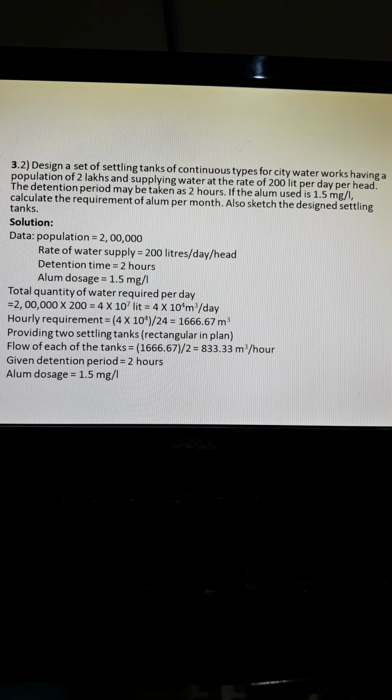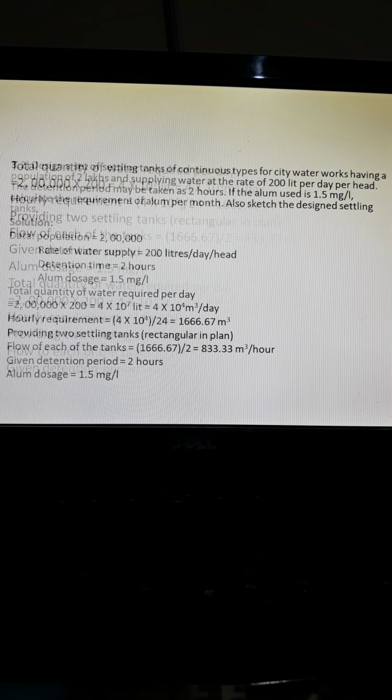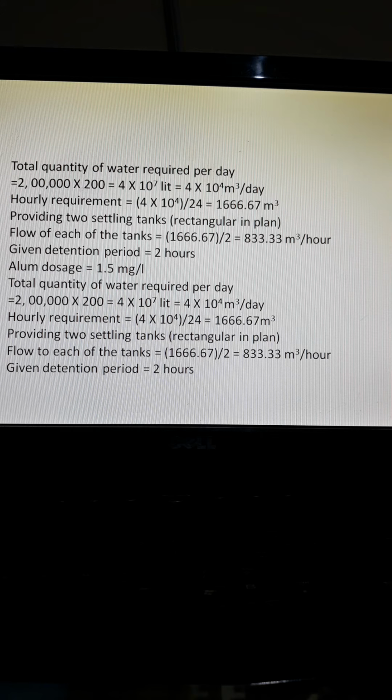But because we are providing 2 rectangular tanks working at any time, the flow to each of the tanks will become 833.33 cubic meters per hour.